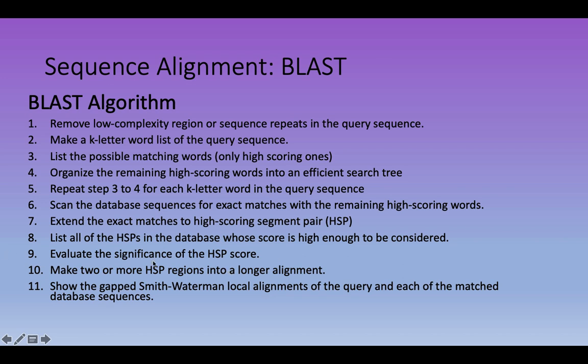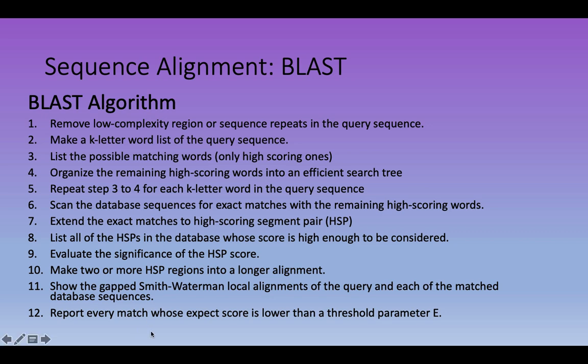Well, what does that mean, and how are we going about doing it? We talked about the alignment part of it, where we're actually taking all these words, matching up and finding these high-scoring words, and extending those to make these HSPs, these high-scoring segment pairs. But how are we actually evaluating that significance? We haven't really talked about that.